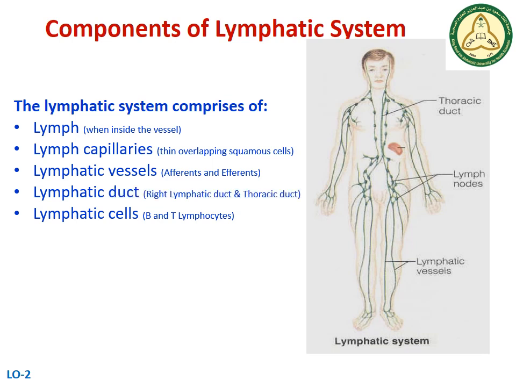Then comes the lymphatic ducts. These efferent vessels join later on at the end of each region, because one region is drained by these lymph vessels, and on its way the lymph nodes are there, right?